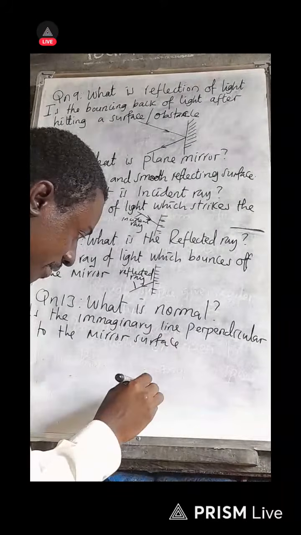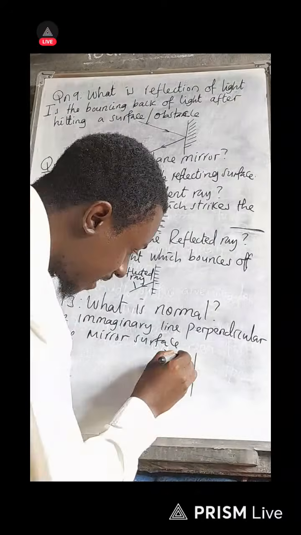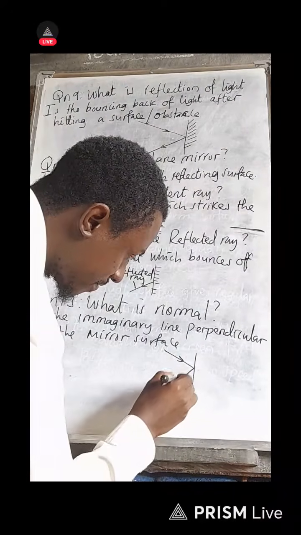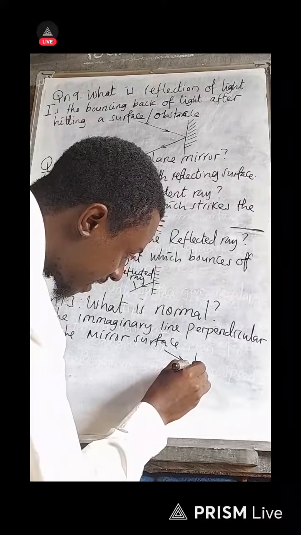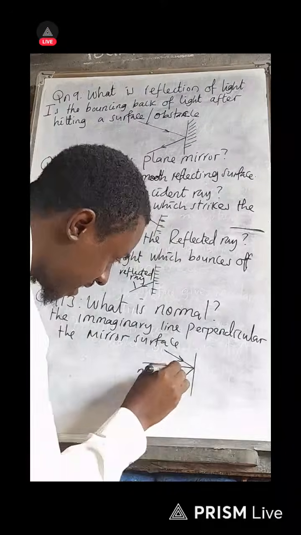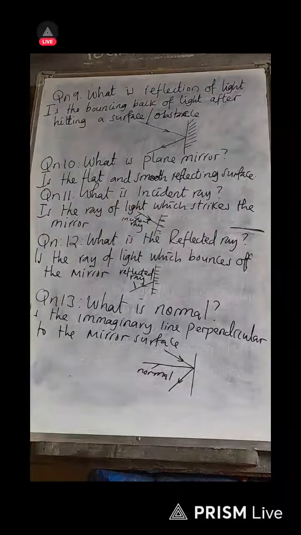Here is the incident ray, this is the reflected ray, and the normal is here. This is what we call the normal. It is perpendicular to the mirror surface.